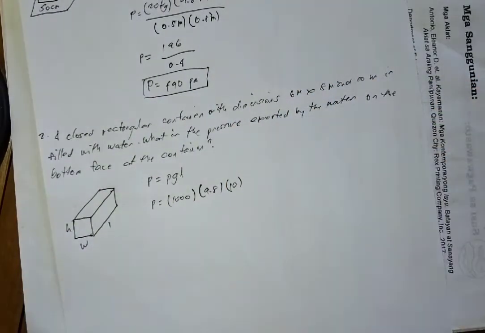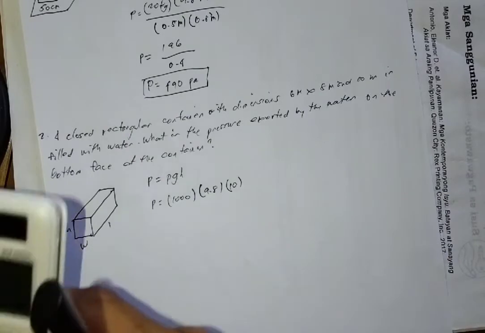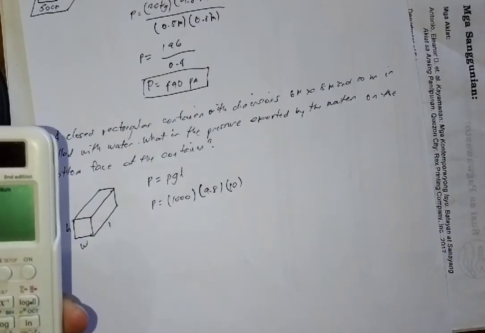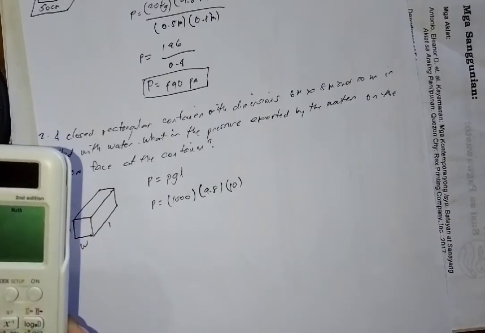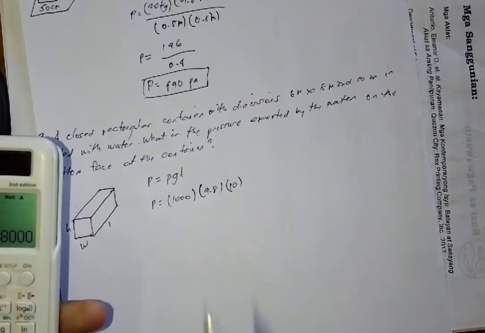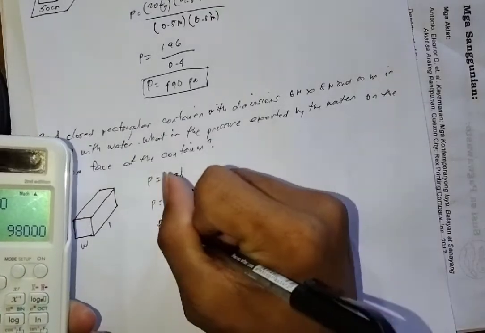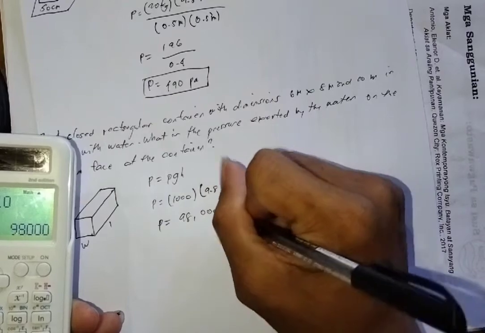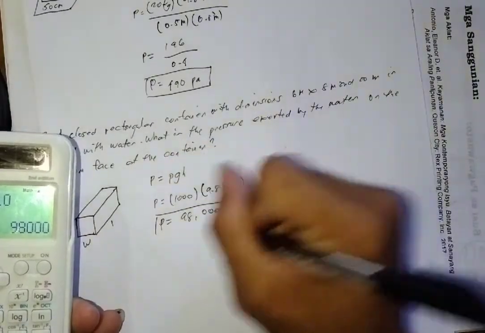And let's solve. 1000 times 9.8 times 10 is equal to 98,000 Pascal. This is the answer.